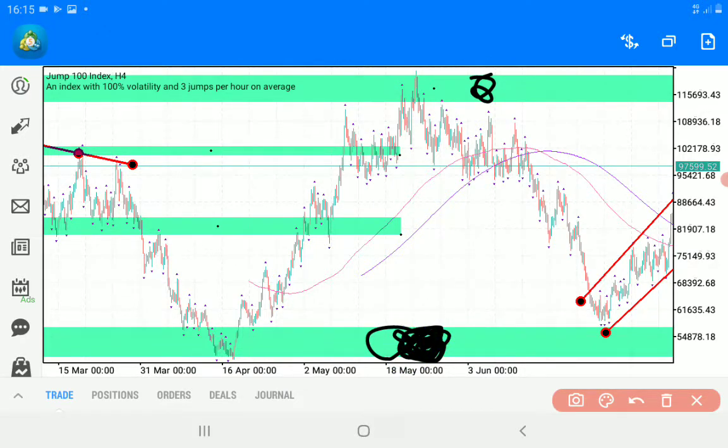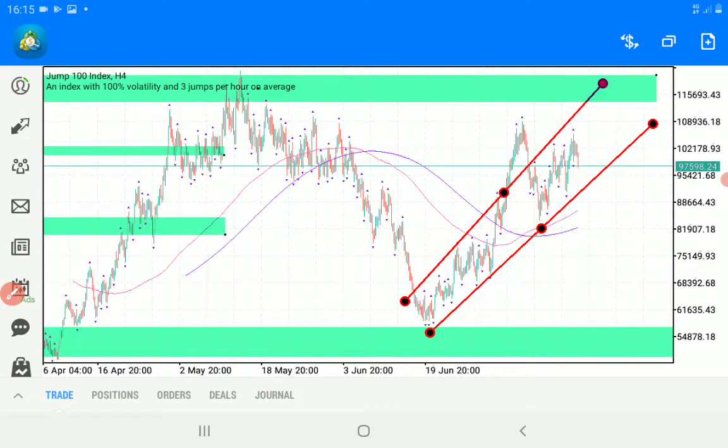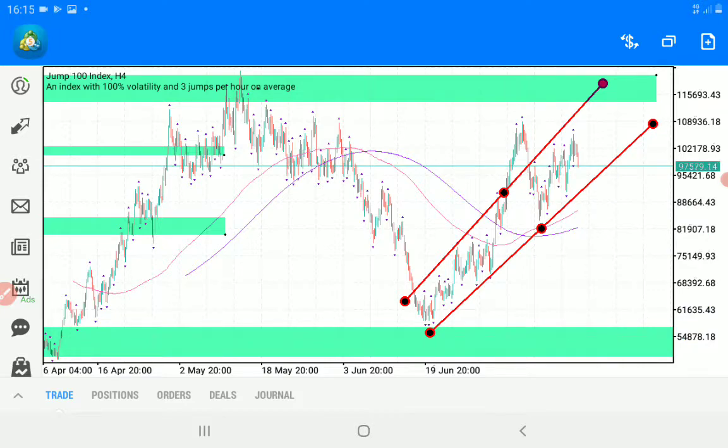So now we're looking at the 4 hours time frame. We are analyzing. So now looking at this, Jump is going down.